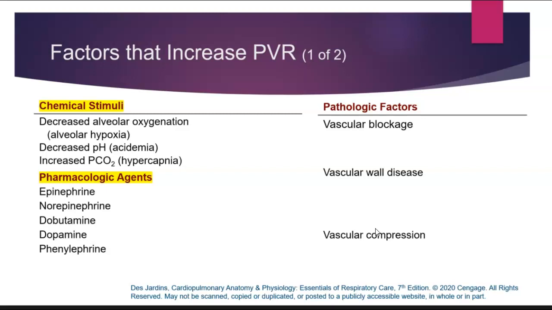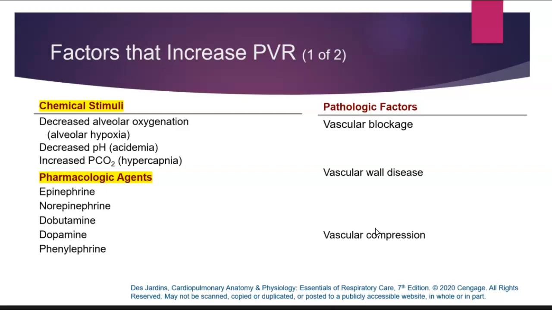So those can act as chemical stimulants to increase your pulmonary vascular resistance. We can have pharmacological agents that increase your pulmonary vascular resistance. Epinephrine is a vasoconstrictor. So is norepinephrine, dobutamine, and dopamine. All of those are vasoconstrictors that are going to increase that vascular resistance.